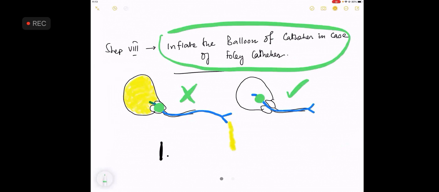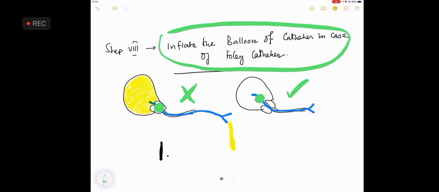You are not going to pull or inflate the balloon when the catheter is halfway. Urine coming in the catheter is not the only indication of the placement of the catheter in the urethra. The full length of the catheter has to go in.